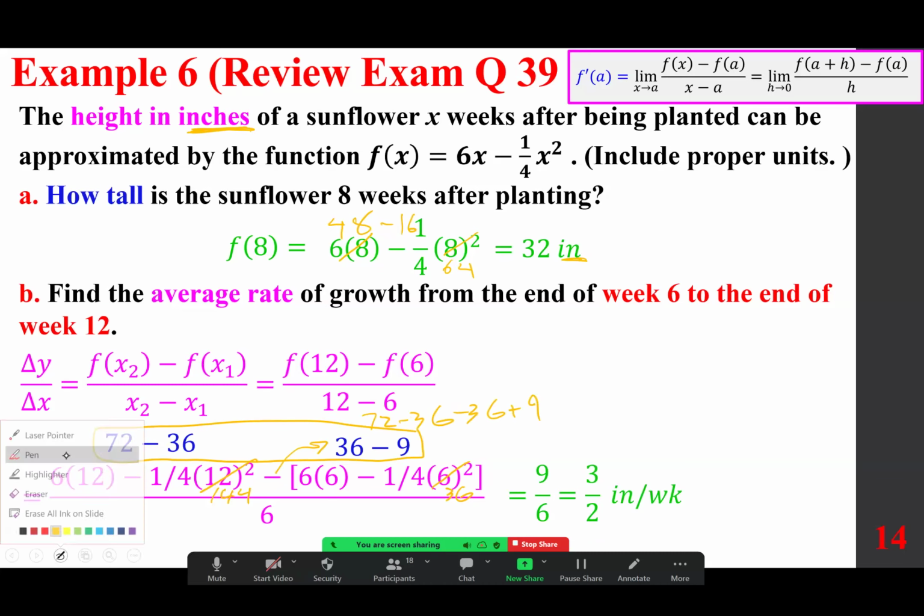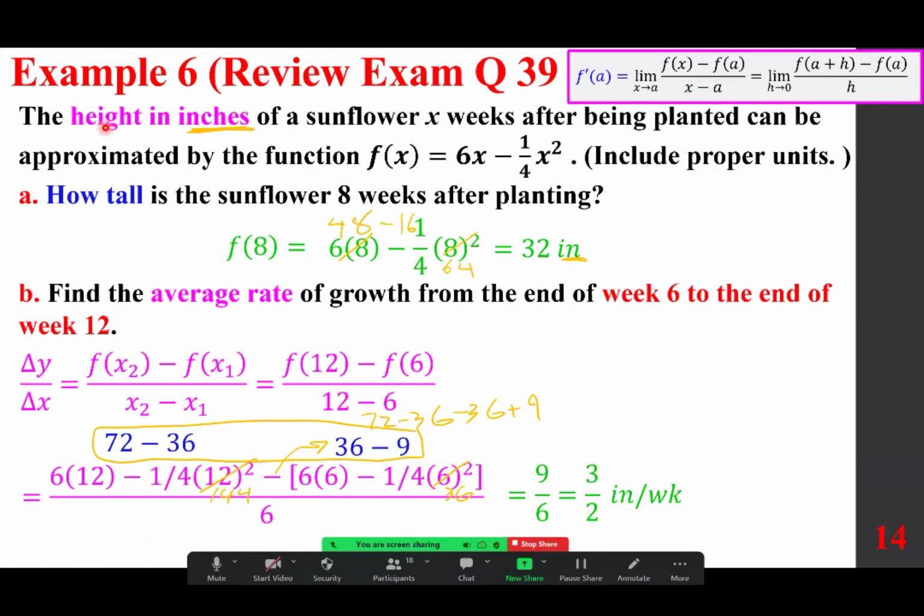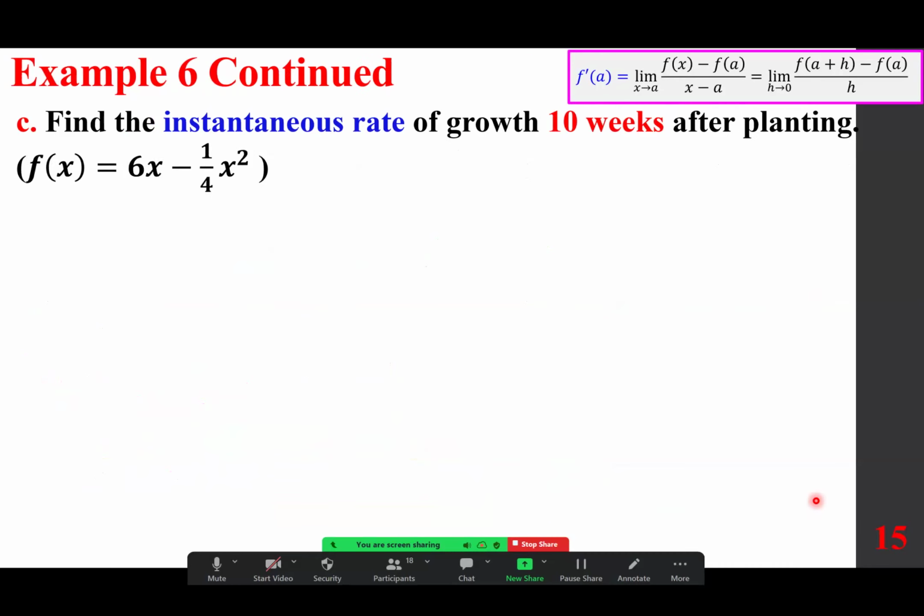As far as the units are concerned, the units of the numerator, change in the function, change in height, over the units of the denominator, change in x's, change in weeks. So 3/2 of an inch per week. Okay, so that's extremely important, everybody. Proper units.